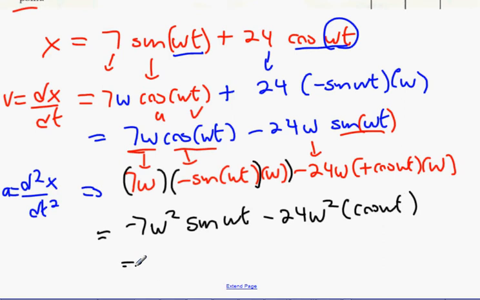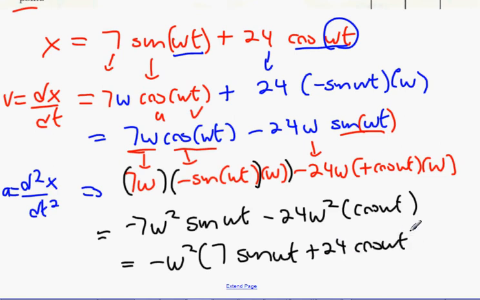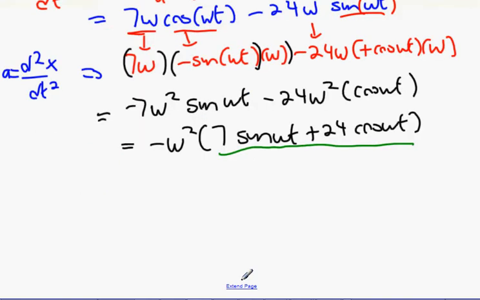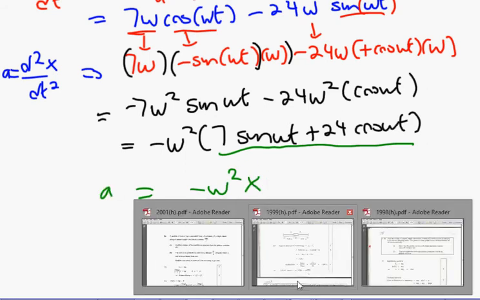Factorize out minus omega squared: sine omega t plus 24 cos omega t. And what does this equal here? This part here is the original x. Acceleration equals minus omega squared x.